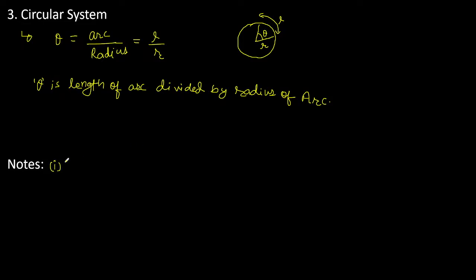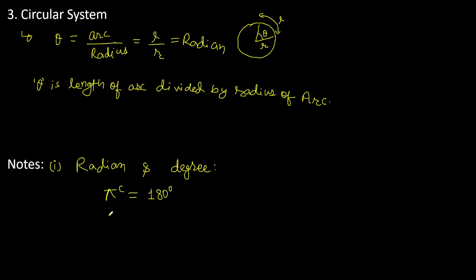Note, we are finding the relationship between radian and degree. The value here is in radian. So pi radian is equal to 180 degrees.